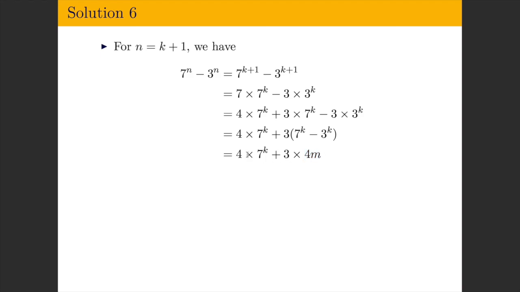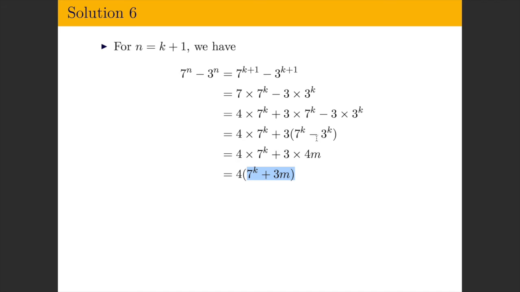And now you've got 4 times some number here and 4 times some number here. Again, we can take out the 4 as a common factor. And we know that this expression inside the brackets is definitely a natural number or a whole number. So 4 times this whole number is going to give me a number divisible by 4.